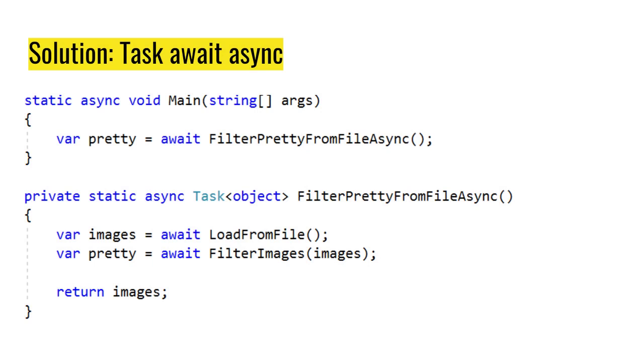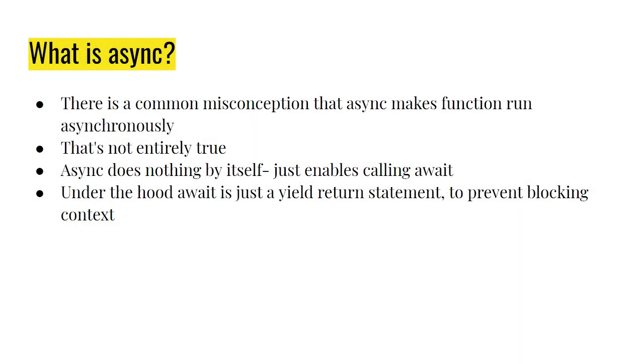A better approach would be using task, await and async. Basically, we're doing the same except with an async model and task model. All the heavy operations are tasks now, so we can await them. We do our tasks, we await them, and at the same time we can move the window and it will not freeze.